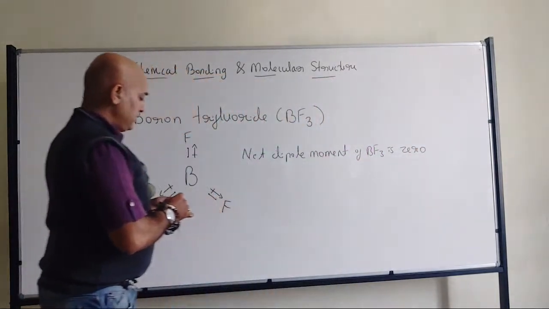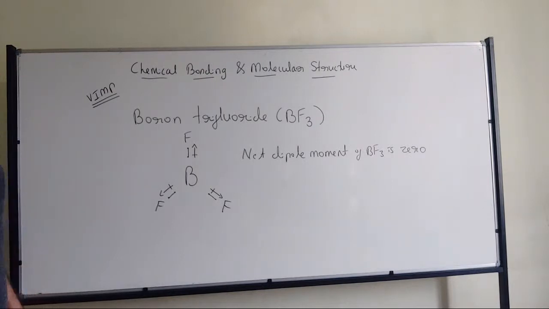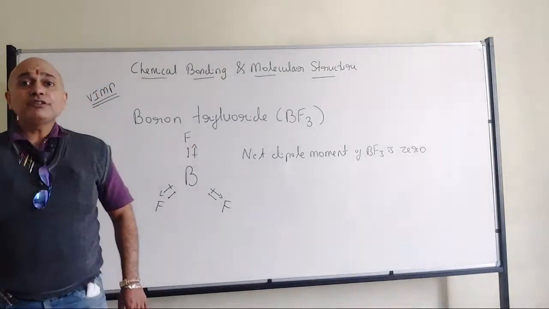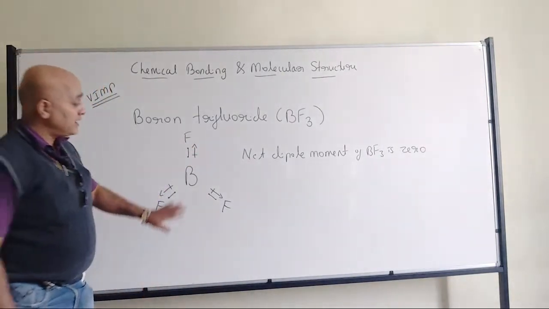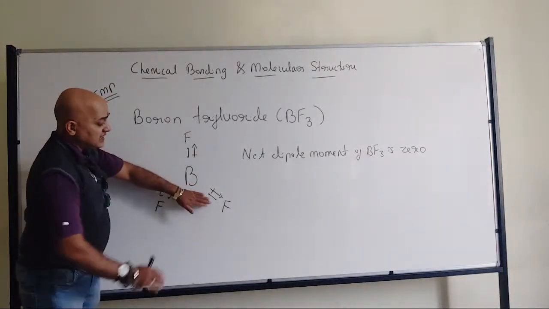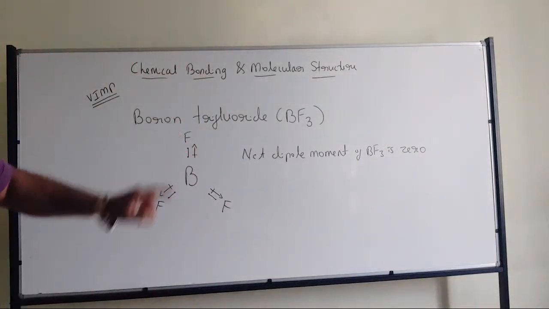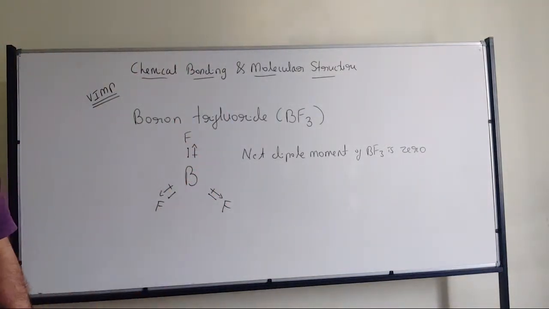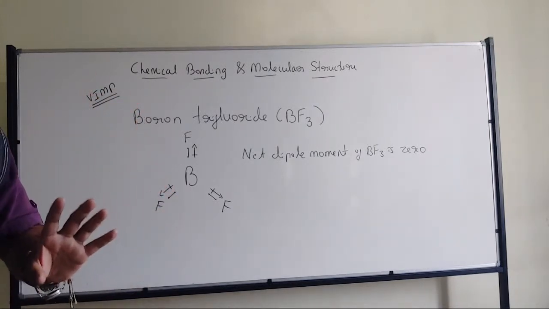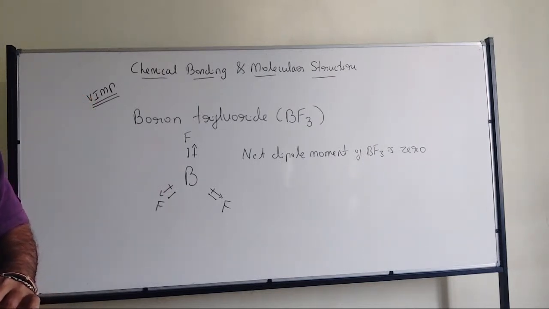Net dipole moment of boron trifluoride is 0 as a whole. As 3 bonds, if I consider all together, then it will be 0. Please remember, if I consider only one, then I can see there is a dipole moment. But when I consider the whole 3, net means total. What is left over considering all the 3? Because when I am talking about BF3, I cannot focus on only one boron and fluorine bond.